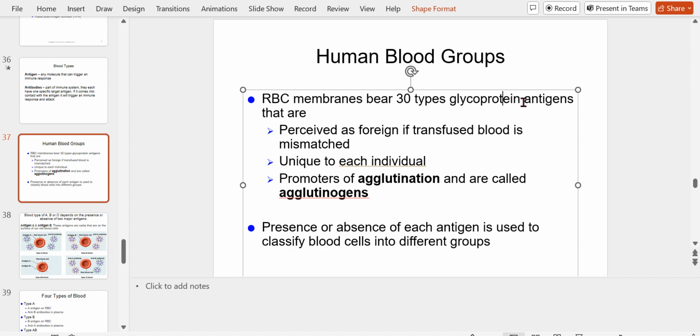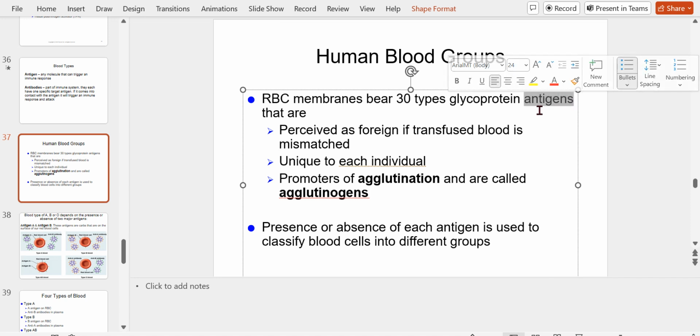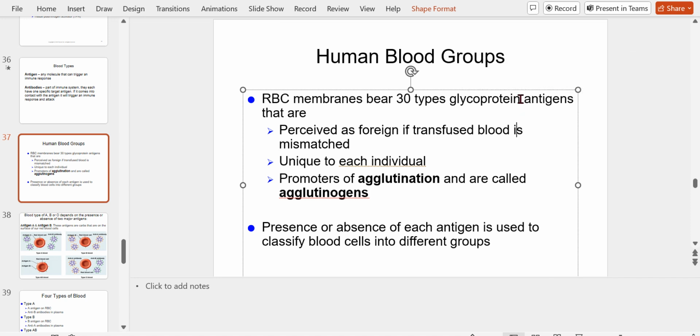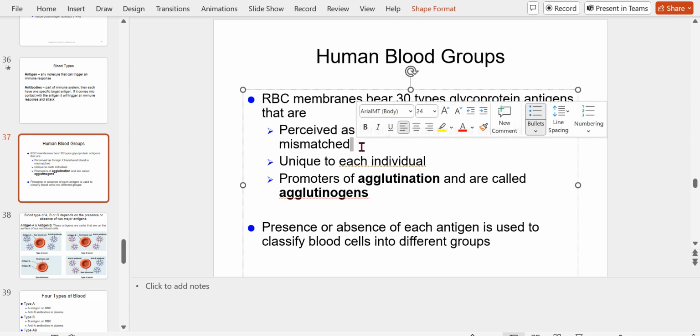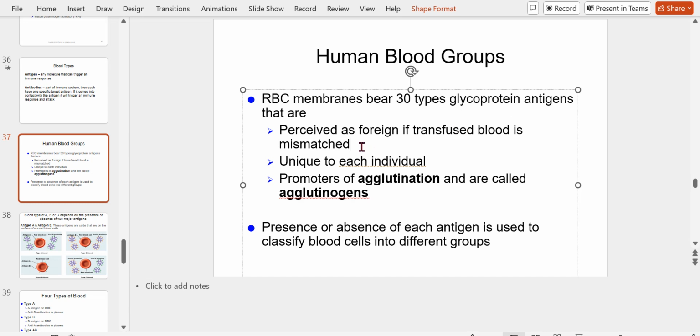So these antigens, remember, the bad things that have entered in, will have different glycoproteins, and once that's detected, it's perceived as foreign if transfused blood is mismatched. Just think back to the dark ages when they were experimenting on human beings: hey, I'm just going to take your blood and put it into this guy.